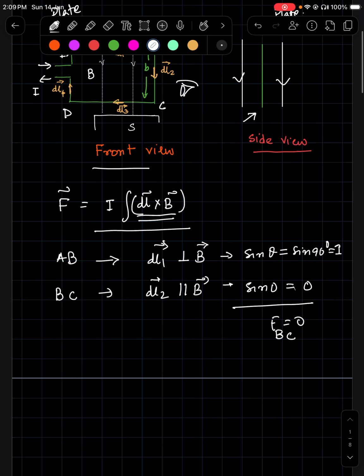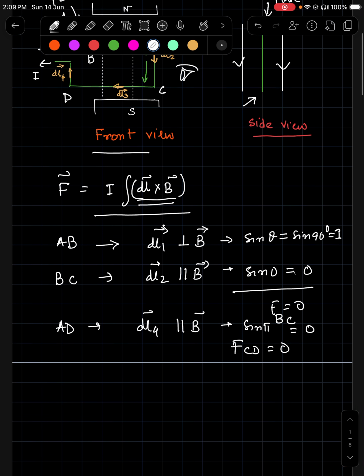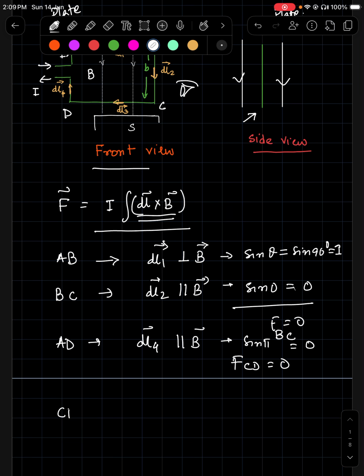Similarly, before going to CD, we can easily see that in AD, dl4 is antiparallel to the magnetic field. Again, the angle between them is pi and it gives 0. So the force on AD is also 0. And the last is CD.